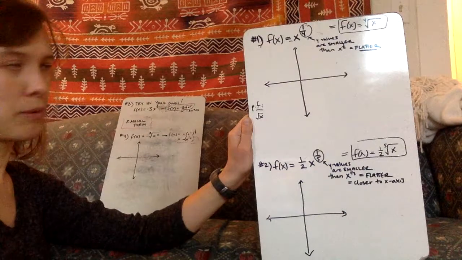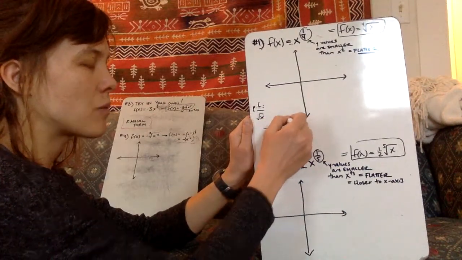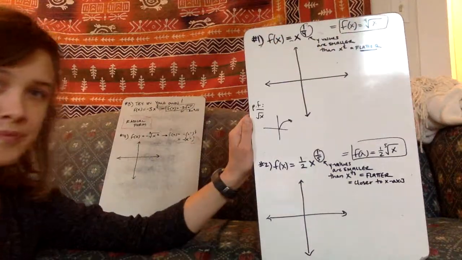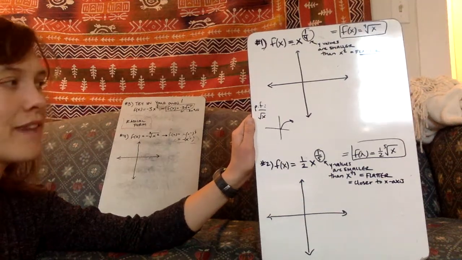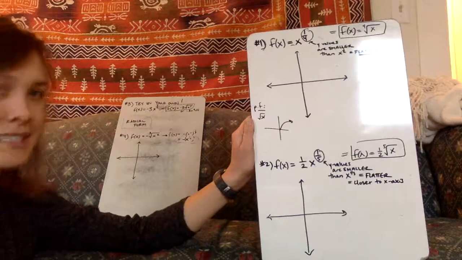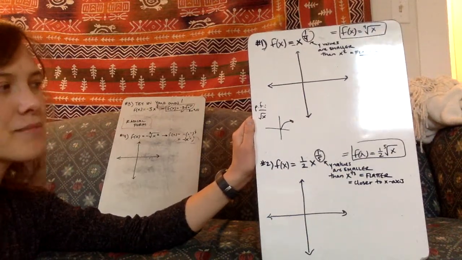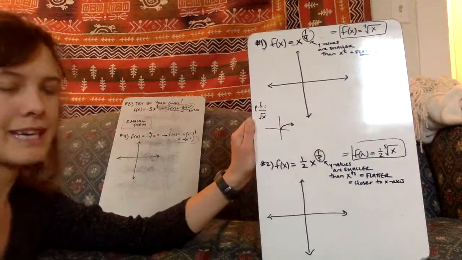My parent function looks something like this, where because my n value is even, I know my y values have to be greater than or equal to 0, because x cannot be less than 0 or the function would be undefined. It might be a little bit flatter than that.